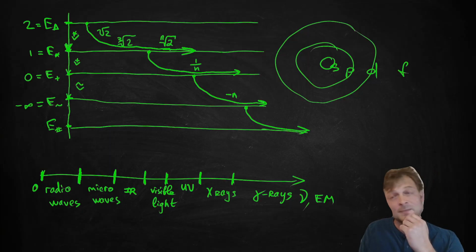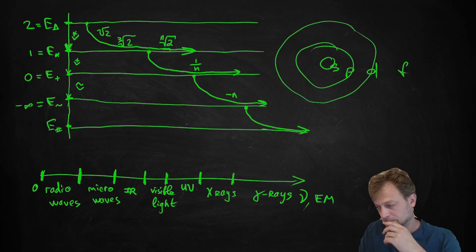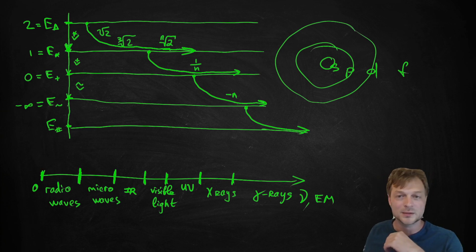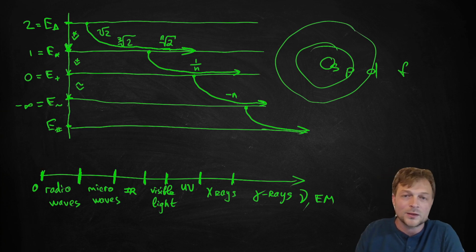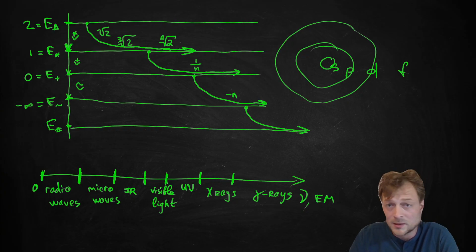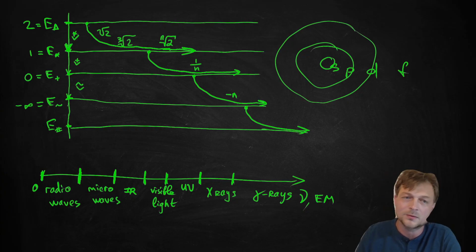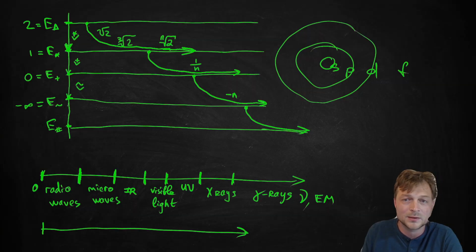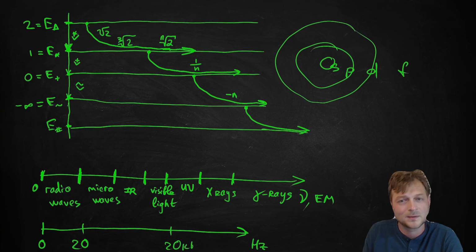Okay, that's my understanding how we should map the elements of algebra to reality. And same talk I can do about acoustic waves. Start from 0 Hertz, and then we have 20 Hertz and 20 kilohertz, right?